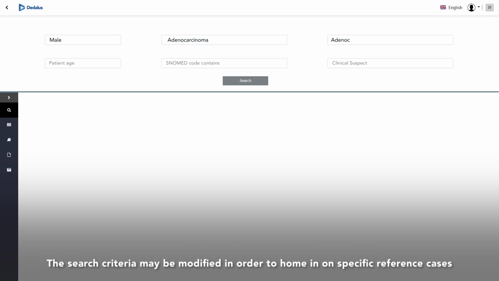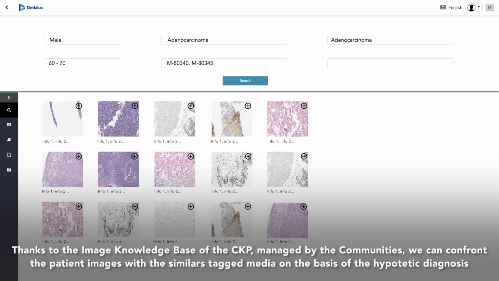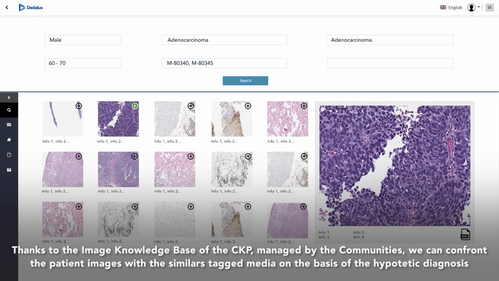I can compare, superimpose, take, or share it to obtain a second opinion, or share it in dashboards for teleconsultation or virtual meetings that we now consider one of the basic elements of the new clinical information system.